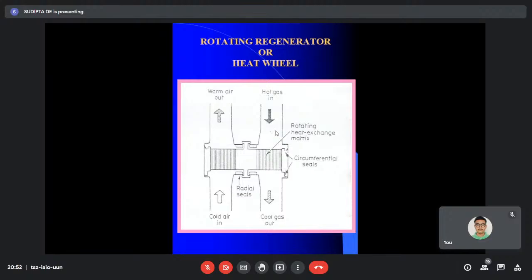This increases with pressure difference between two heat exchanging fluids.